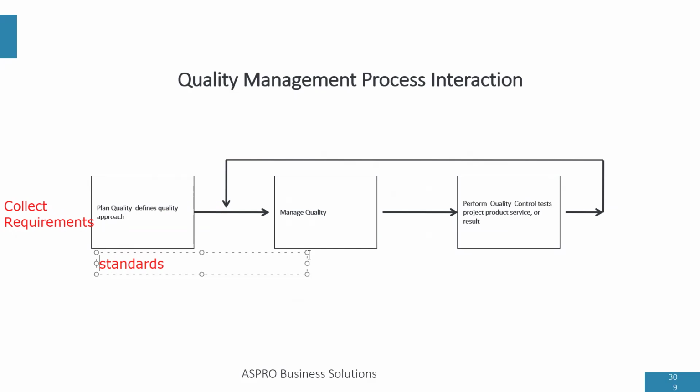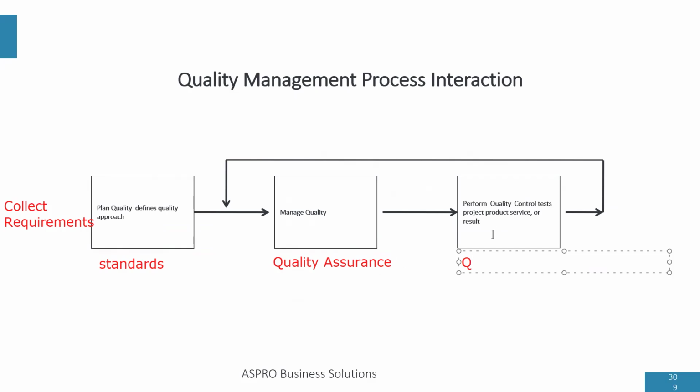Now, we pass through managed quality, and this is where quality assurance is done, and we ensure that things are done according to plan, right? And processes meet their standards. And we audit processes in managed quality. Then finally, we do quality control.